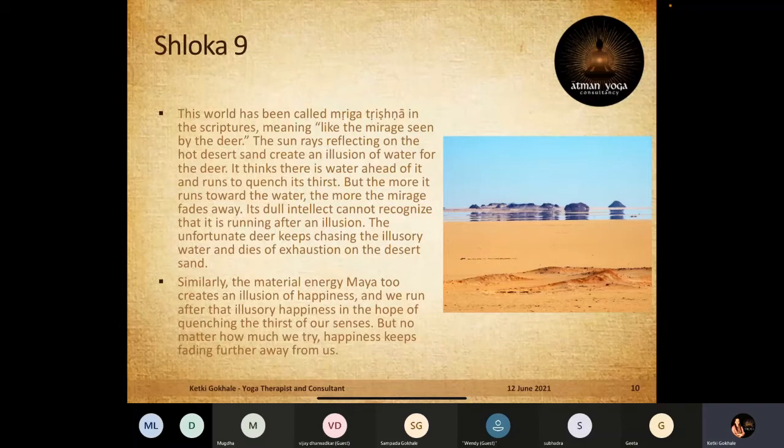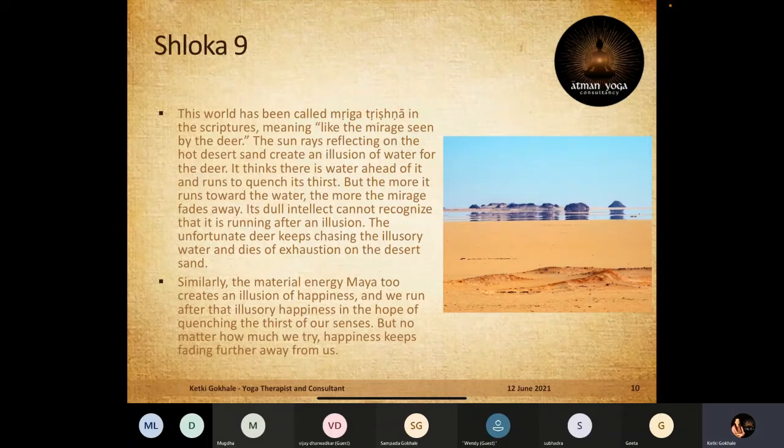But the more it runs towards the water, the more the mirage fades away. Its dull intellect cannot recognize that it is running after an illusion. We can say the ignorance is making him run after that mirage. The unfortunate deer keeps chasing the illusory water and dies of exhaustion on the desert sand.